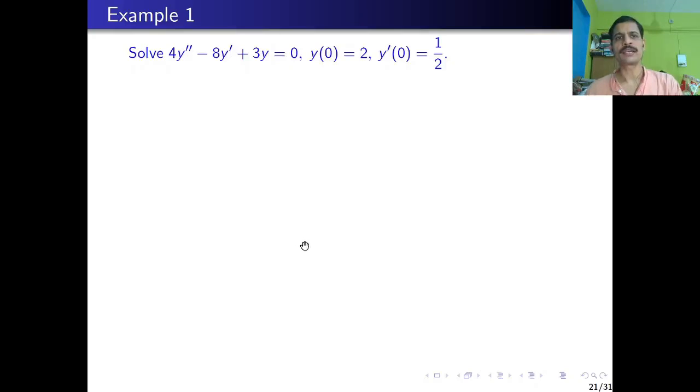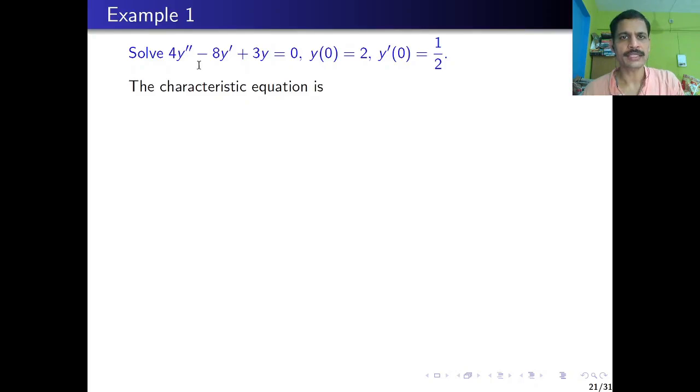Next we will see some examples related to second order linear differential equations with constant coefficients, and we want to solve them with initial conditions. So consider this question: solve 4y double prime minus 8y prime plus 3y is equal to 0, with the initial conditions y(0) is equal to 2 and y prime (0) is equal to half.